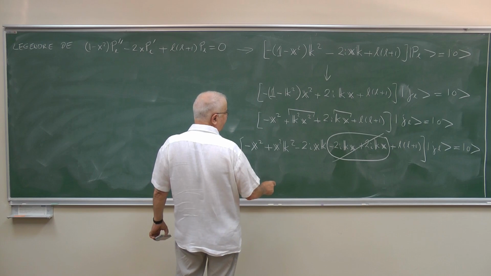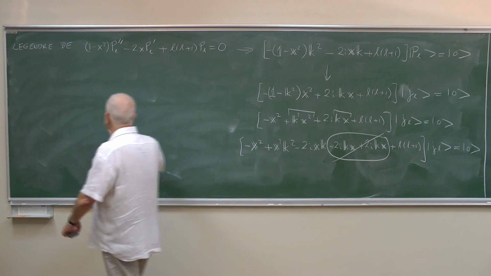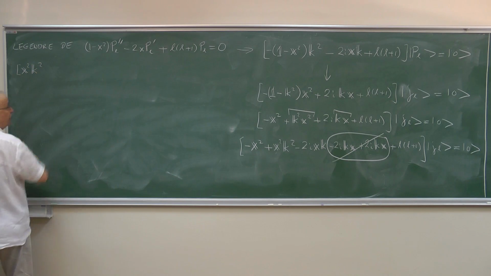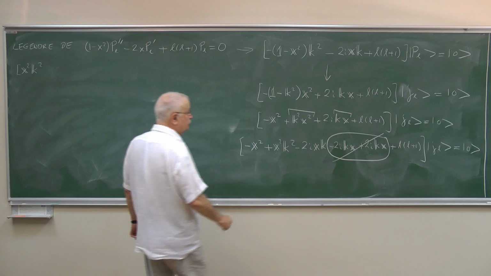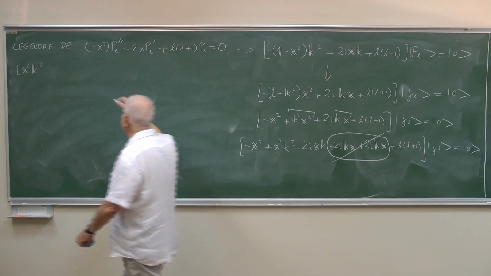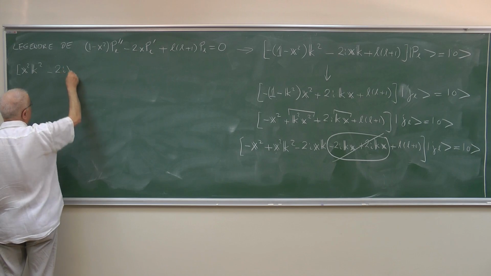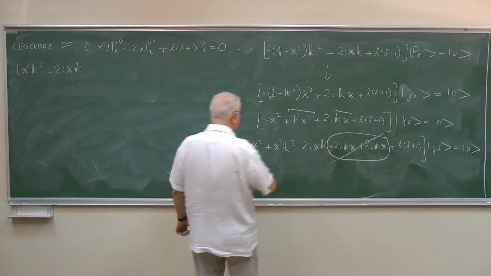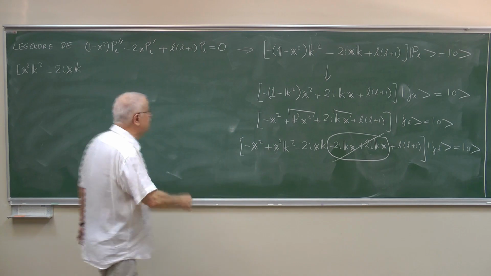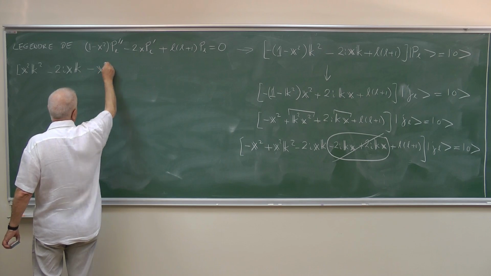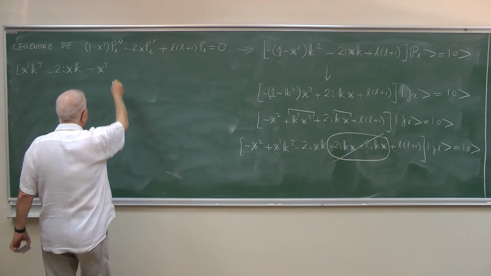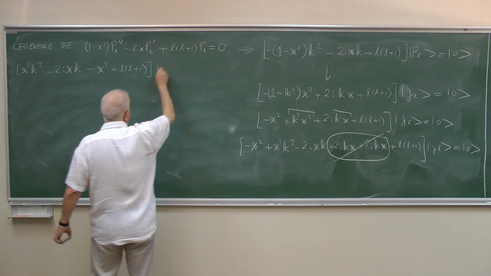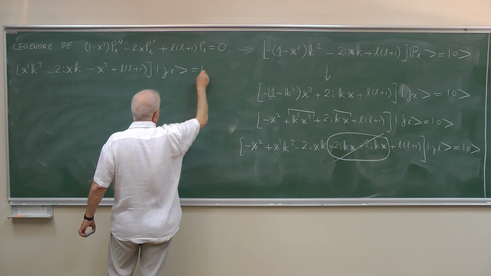Rearranging things a little bit, I write x squared k squared first. Then minus 2i xk, then minus x squared, then plus L, L plus 1, J_L equals 0.